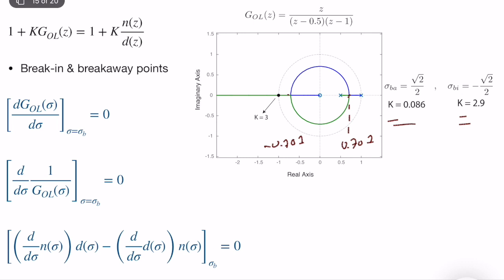After that, they will meet at the negative real axis, where the pole is at minus square root of 2 divided by 2 or 0.7, and k is equal to 2.9. So it's a larger gain k, of course. But different from continuous time systems, they are both real but negative. A negative pole means that there will be some sort of oscillation.